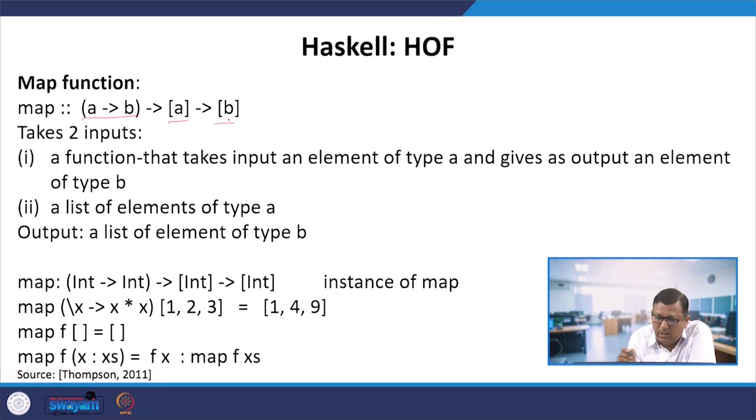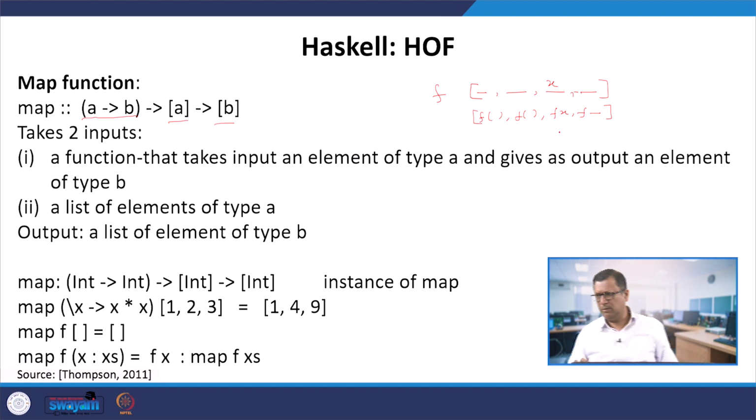That means if I have a list of some elements and a function f, and x is an element, this list will be transformed to f of this, f of this, f of x, f of this. This transformation is what we want. That means all the elements of the list will be transformed into something. That is, we are applying a function called map.